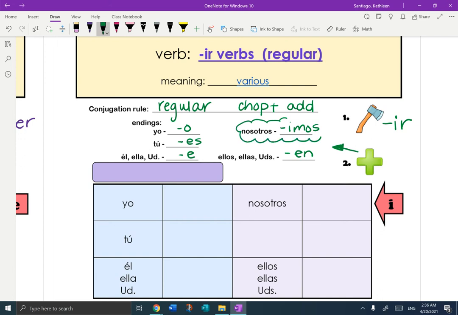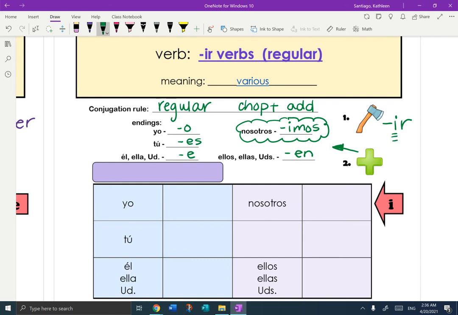Why am I putting a bubble around this? Well, if you notice, the ER and IR verbs are being learned at the same time because they have the same endings, O, S, E, N, but in the nosotros form, they each take their vowel from their original ending. So not EMOS, but IMOS.